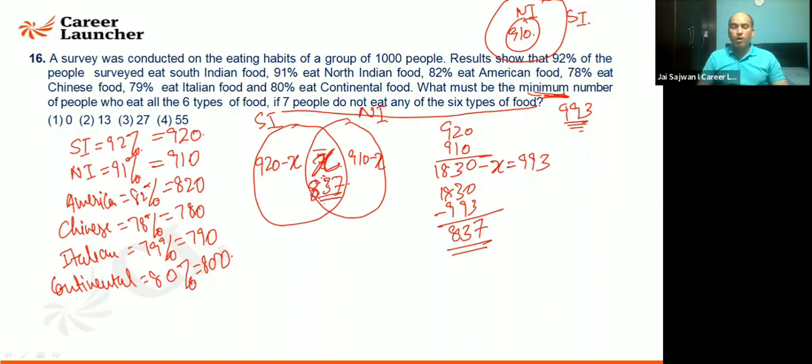The minimum common value between them is 837, because the maximum number of people are those who do not eat both of them. So 837 people like both North Indian and South Indian food.